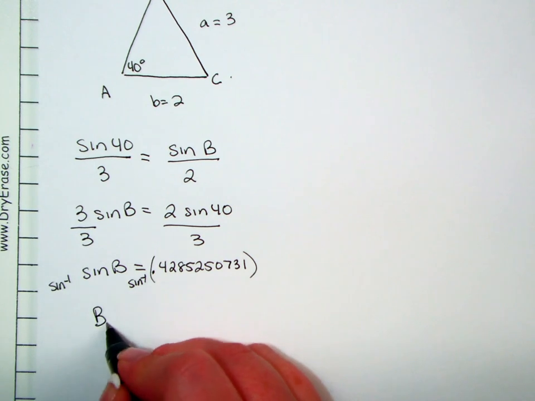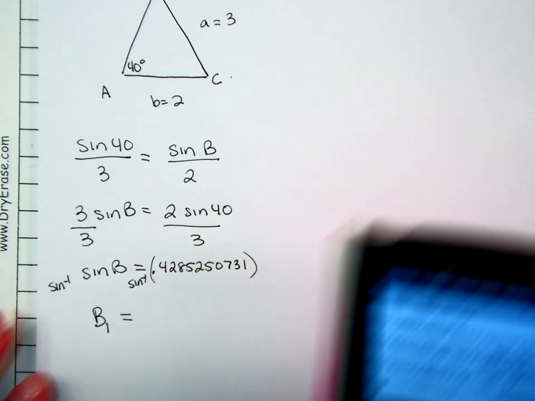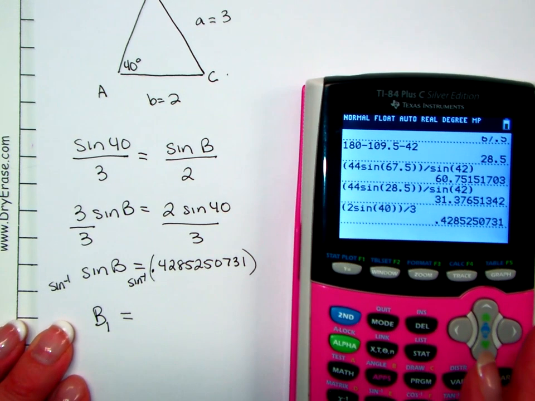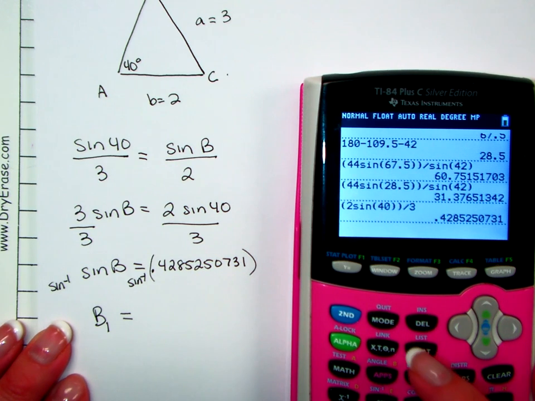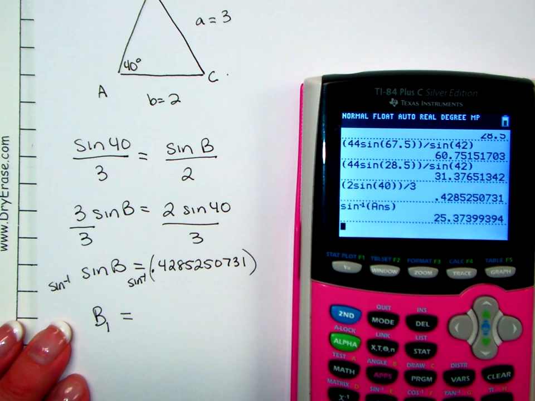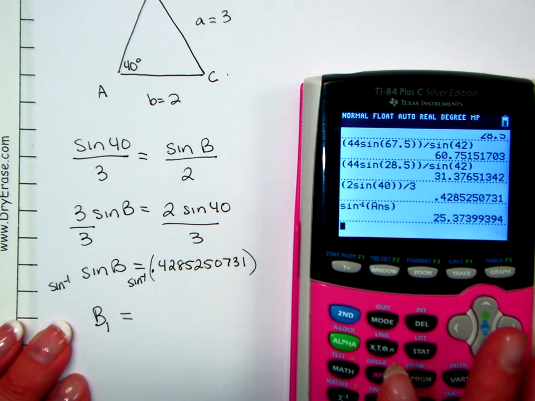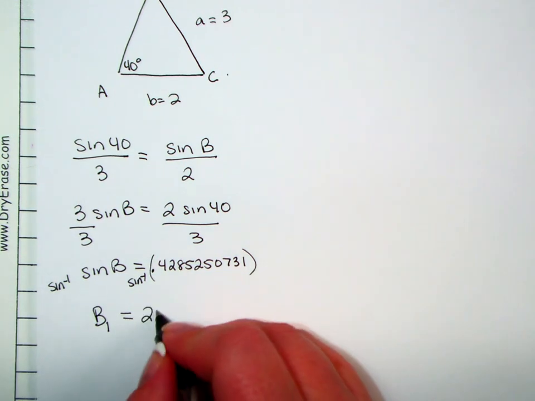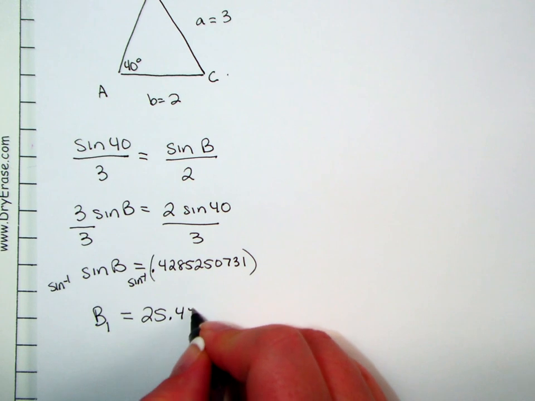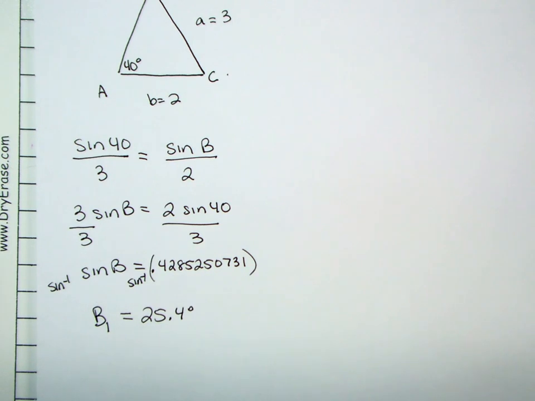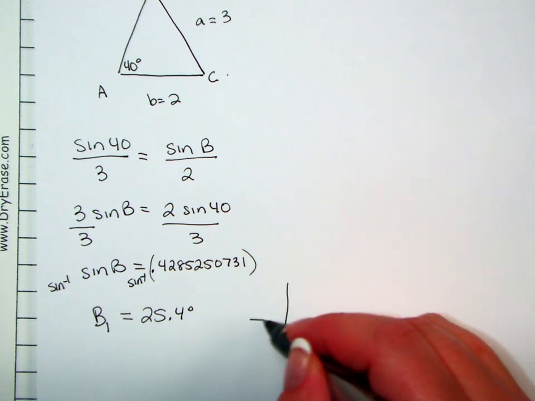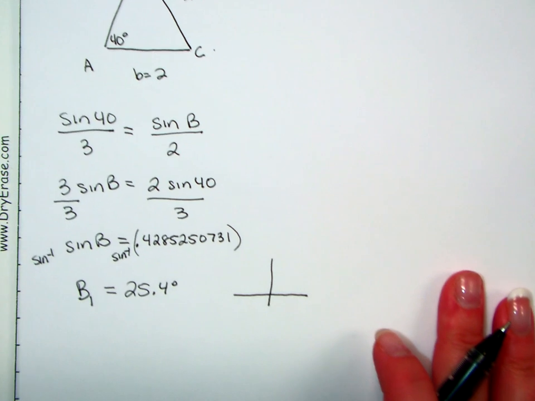All right, so I'm going to go ahead and label it. B sub 1 will be the solution that we get from our calculator. So sine inverse of that decimal is 25.4 degrees. Right? So if one of our solutions, go ahead and explain it again.